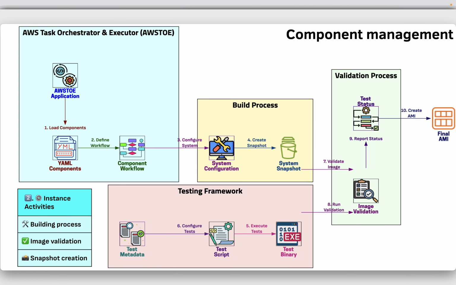So AWS TOE is responsible for executing all on-instance activities, which includes the critical processes of building and validating images before snapshot creation, followed by comprehensive testing to ensure proper functionality before generating the final image.